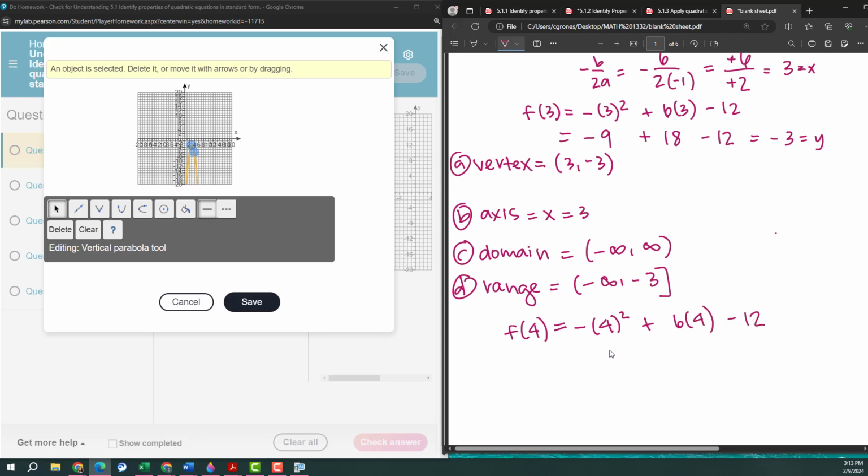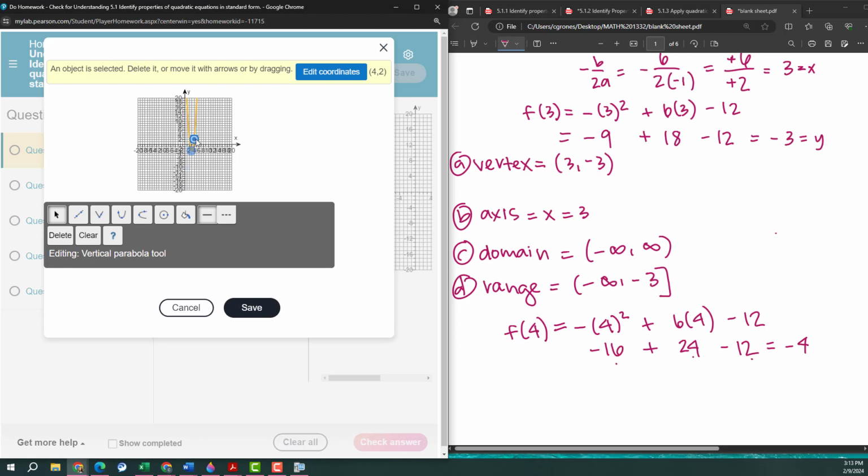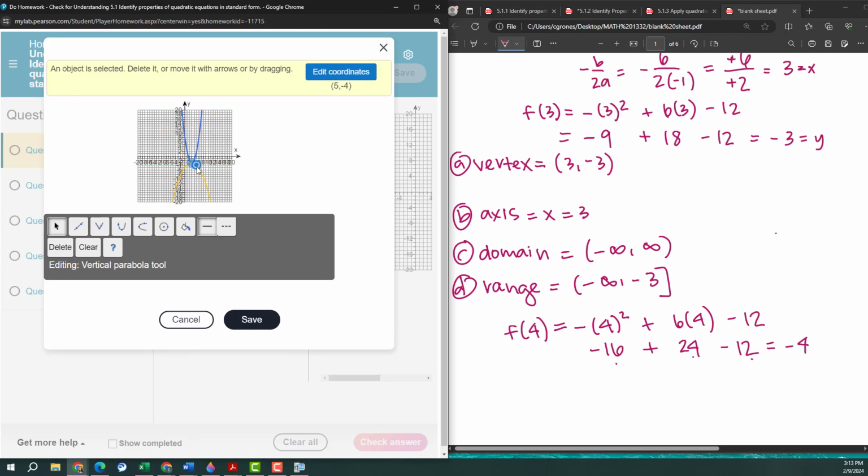So 4 squared is 16, and then we have our negative 16 plus 6 times 4 is 24, and then minus 12. So 24 minus 12 gives us a positive 12, and then minus the 16, we've got negative 4. So my other point here is going to be 4, -4.